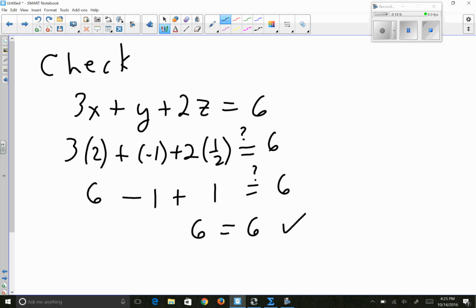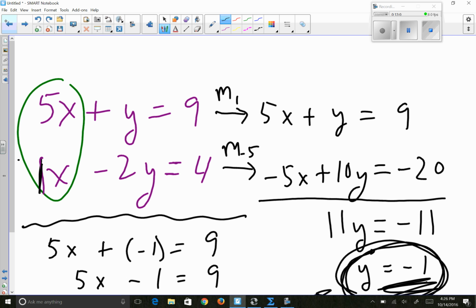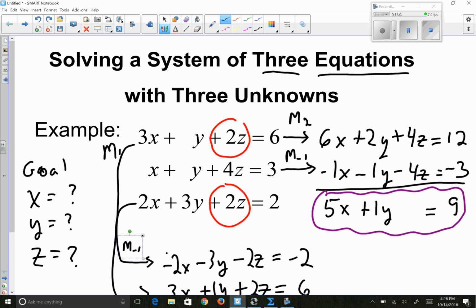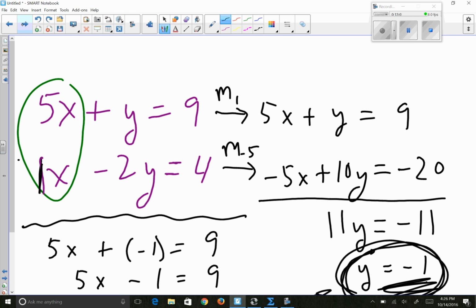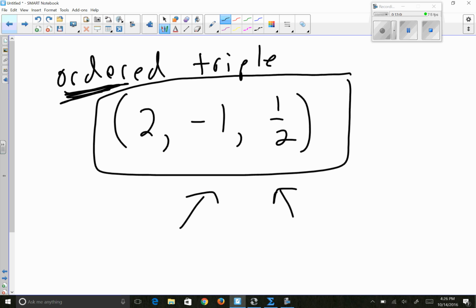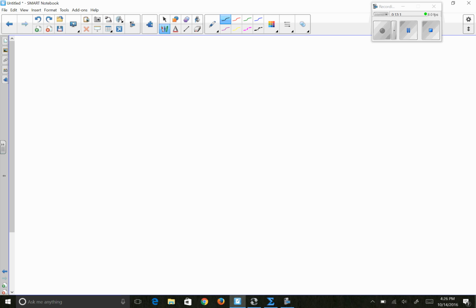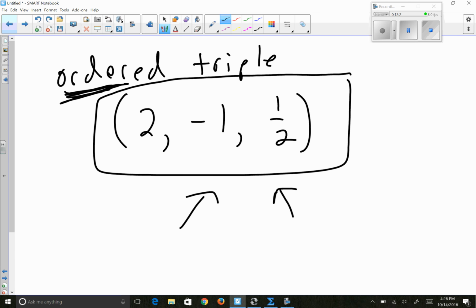We have to make sure all of the equations are true. So I'm going to look back and see what the second equation was. We always go back to the beginning. X plus y plus 4z equals 3. If we have the correct answer, then this has to be true when x is 2 and y is -1 and z is 1/2.